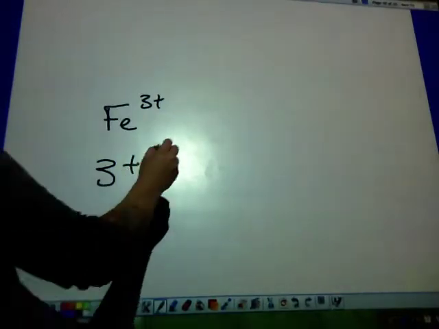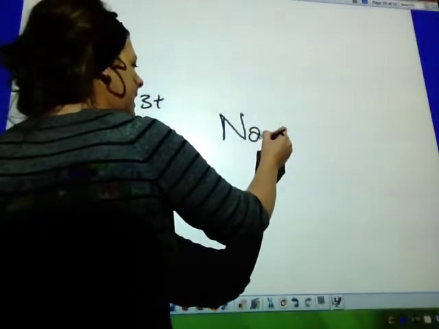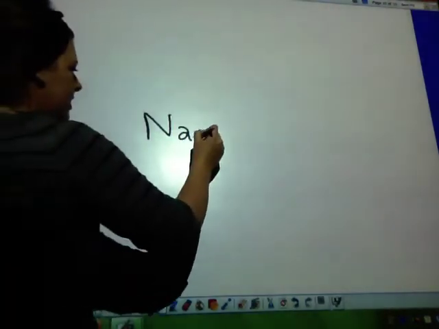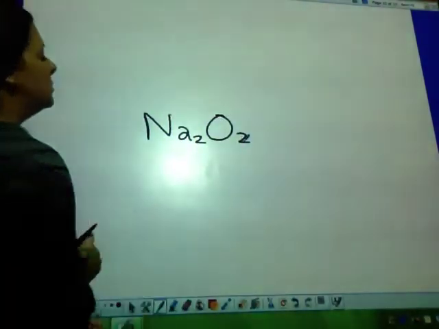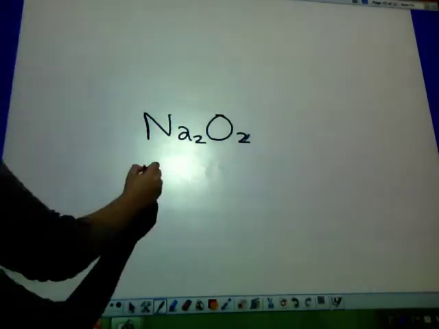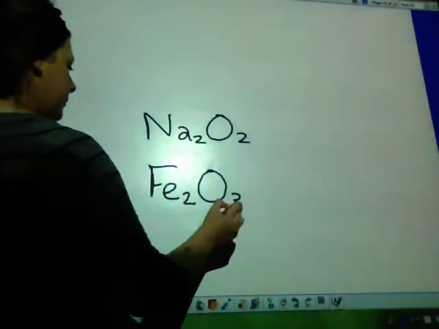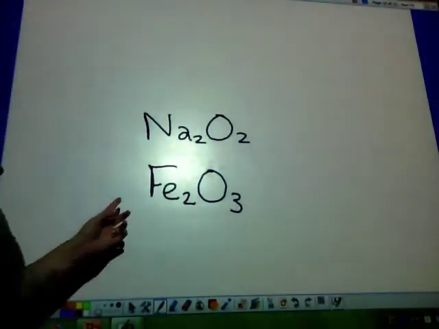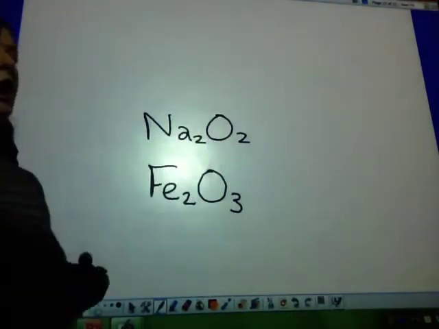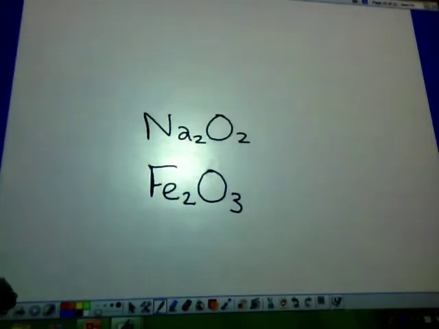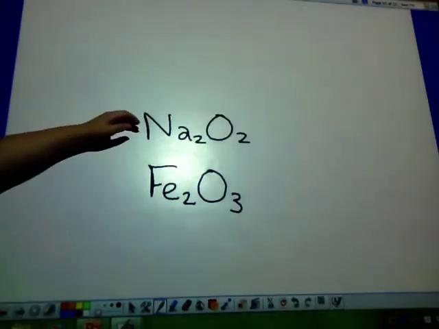So let's look at the difference here. Let's say I have Na2O2, and then I have Fe2O3. I have sodium and I have oxygen here. This is sodium peroxide.